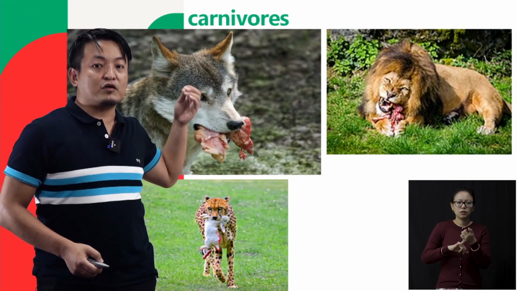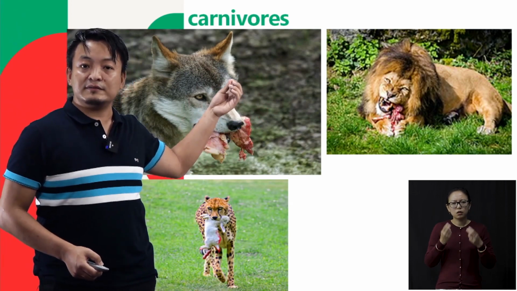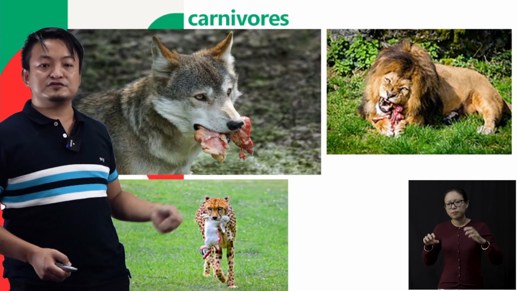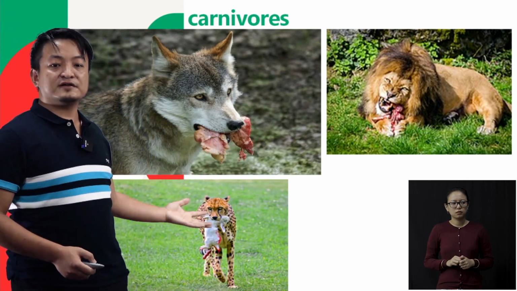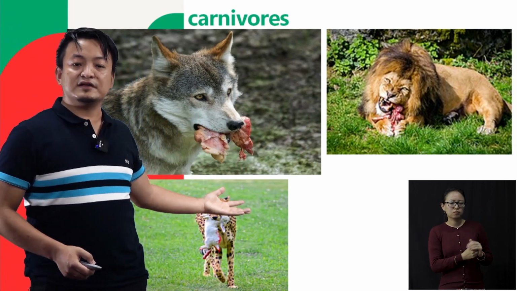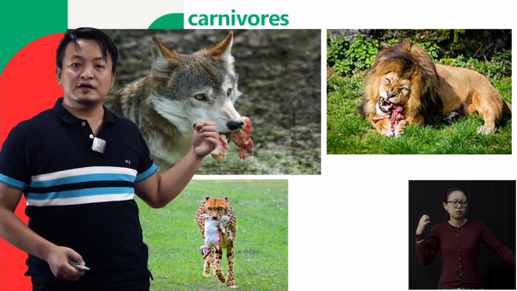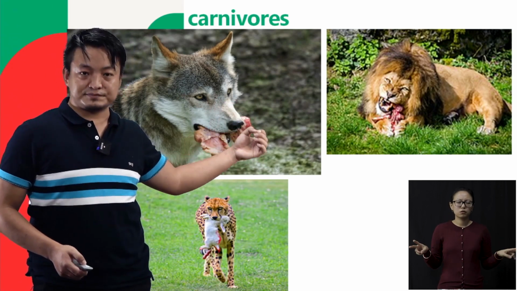They depend on other animals for their survival. Okay? Some examples of carnivores are here, students. Lion. We can see different types of animals here, students. Tiger. Okay, so we have lots of examples for carnivores.